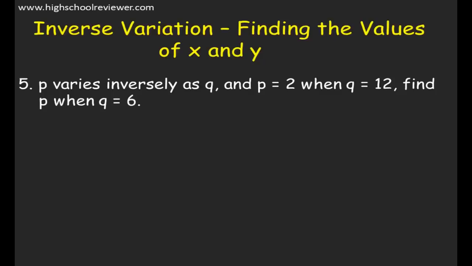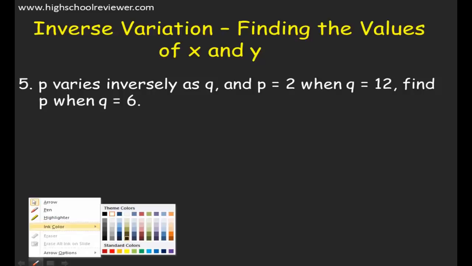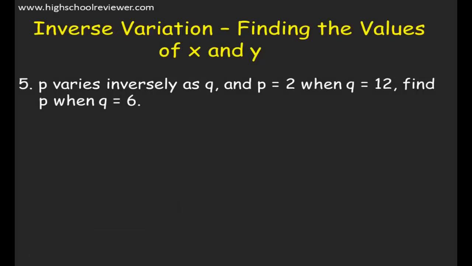Problem number 5. P varies inversely as Q and P equals 2 when Q equals 12. Find P when Q is positive 6. So the first value for P and Q: P is equal to 2 when Q is equal to 12.